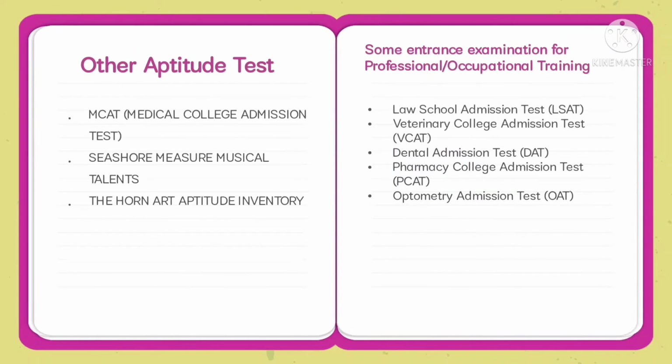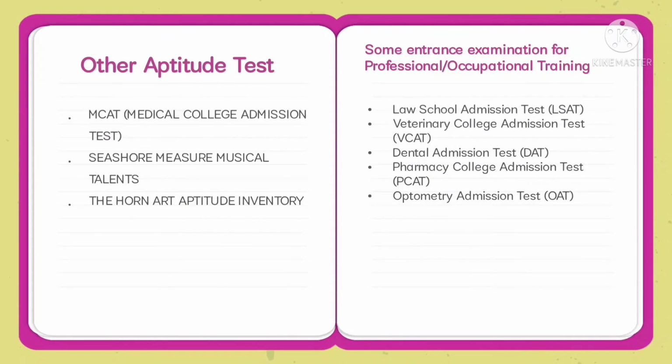Next are other aptitude tests, such as the MCAT, the Medical College Admission Test, the Seashore Measures of Musical Talents, and the Horn Art Aptitude Inventory. Applicants for training in certain professions and occupations may be required to take a specialized entrance examination.